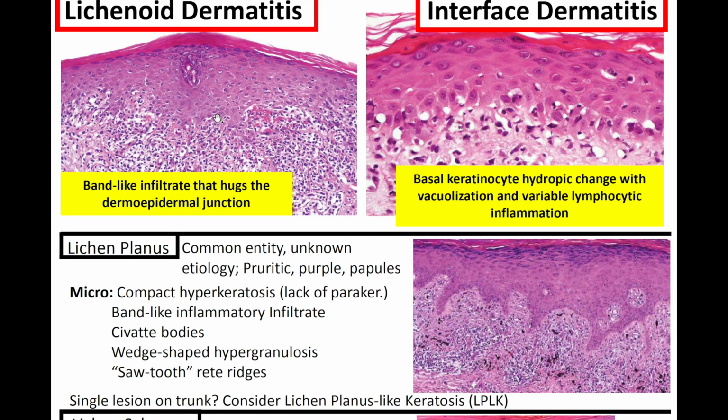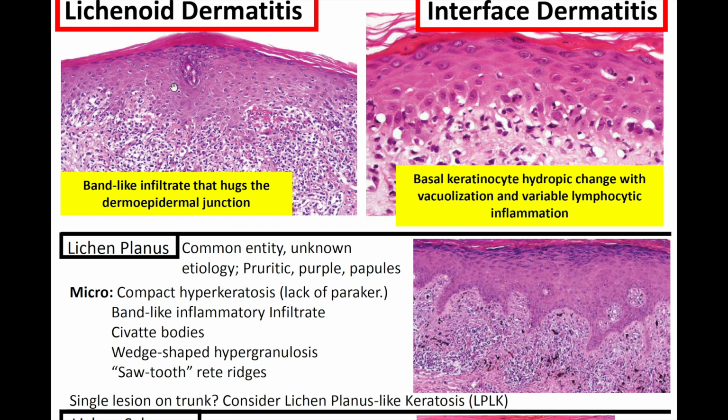All right, we're into the next bucket or category, and this is lichenoid dermatitis or interface dermatitis. So for lichenoid dermatitis, you're going to have this band-like infiltrate that hugs the dermo-epidermal junction.